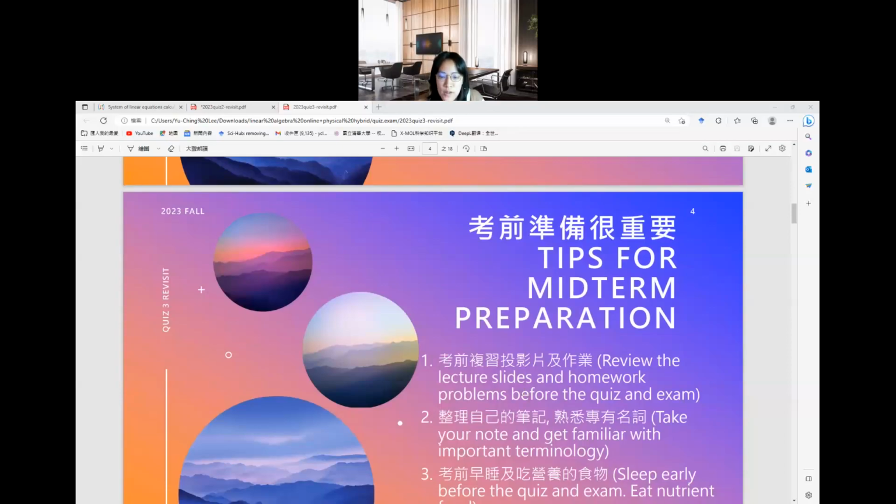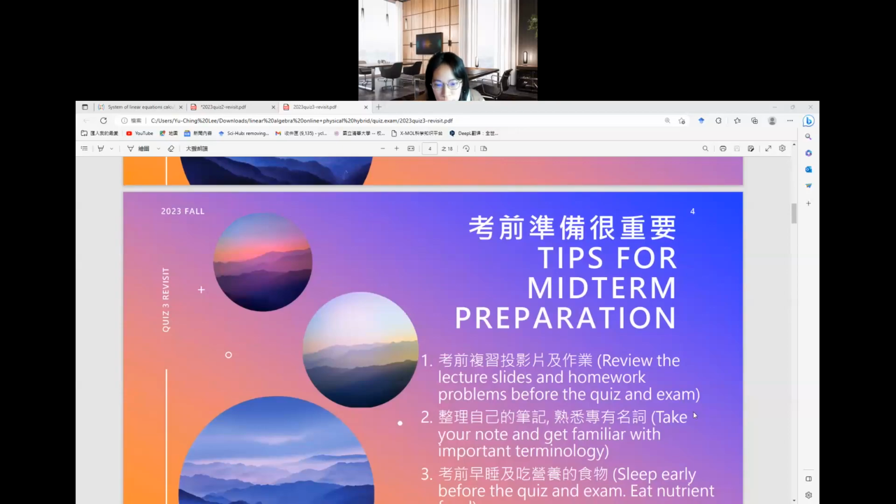My second tip is that you should take your own notes, because as learners, in the process of learning, students may not have the same issues. Some may have trouble here, and some students may have trouble in a different place.